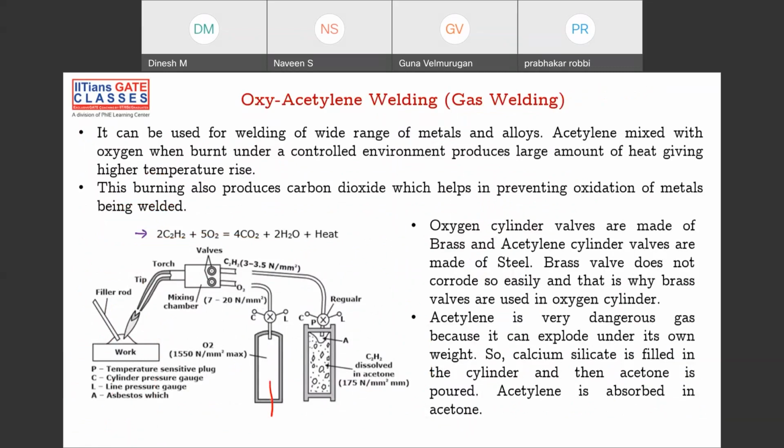You have two gas cylinders, cylinder number 1, cylinder number 2. This gas cylinder is filled with oxygen, pure oxygen. This gas cylinder is filled with acetone, in that you are dissolving acetylene.